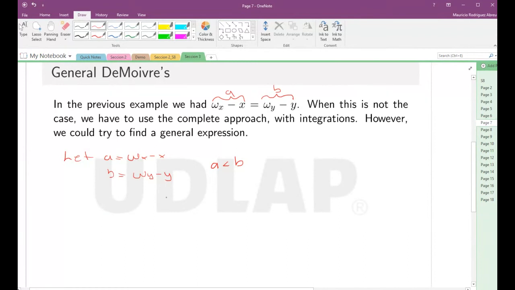Okay? So based on this, we have then the probability of surviving from age x to x plus t.